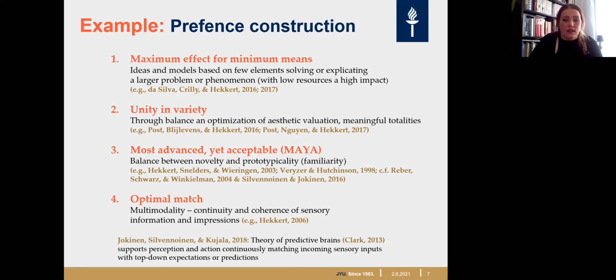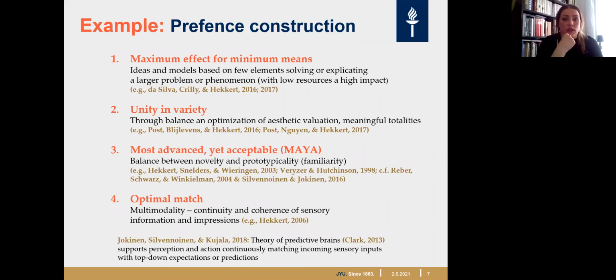So whenever this kind of principle can be applied, it increases the possibility that the information presented to a human would be preferred and liked. One example of this is information visualizations, so that if we can effectively communicate some big ideas and models, but we can do that with few elements, those are something that should be done.